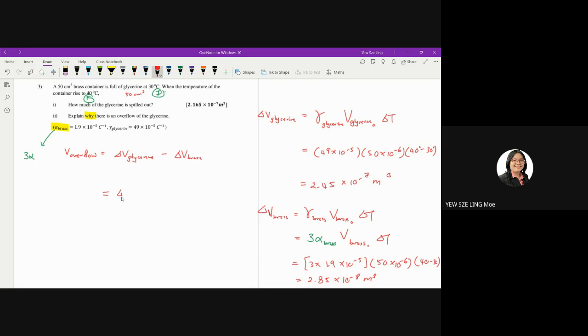It is equal to 2.45 times 10 to the power of negative 7 minus 2.85 times 10 to the power of negative 8, which is then equal to 2.165 times 10 to the power of negative 7 meter cube. All right, so that is how you solve it. You calculate delta V, and then you calculate the overflow.